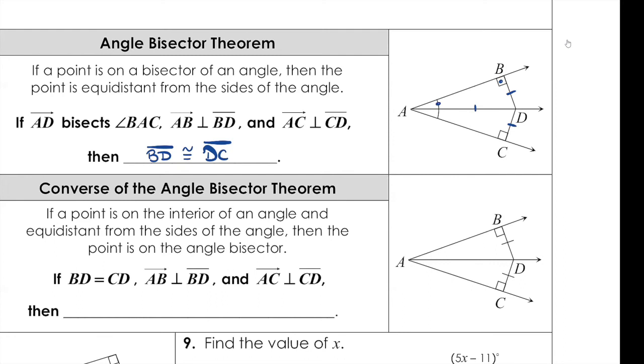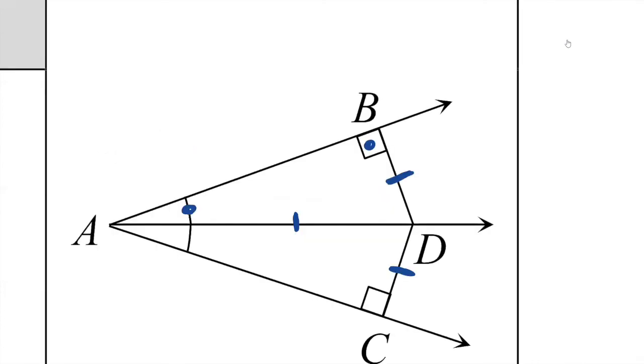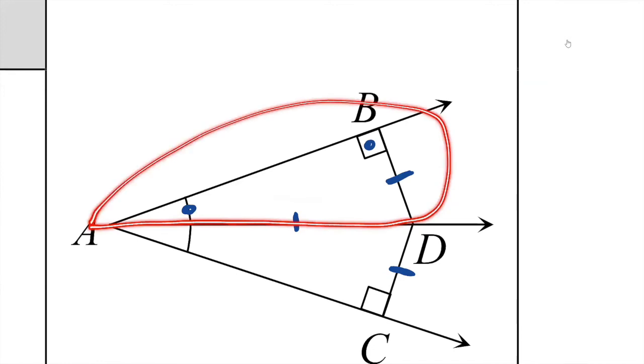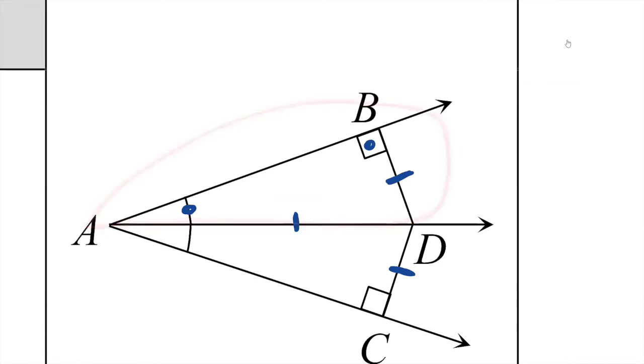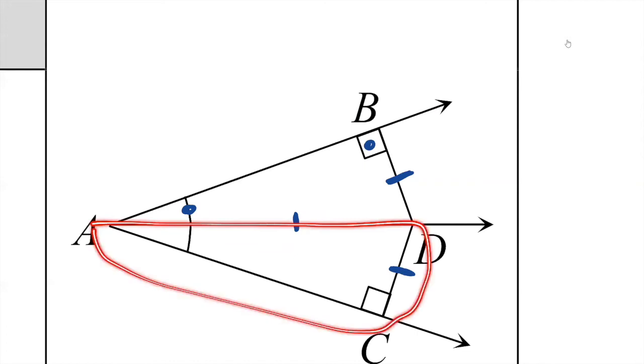A perpendicular B and then the reflexive side, AD. Does the congruent side, in this case AD, touch both of our congruent angles? When I look at one triangle at a time, does that congruent side touch both of my given congruent angles?